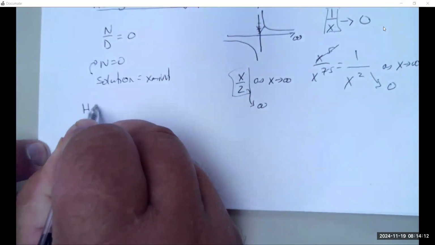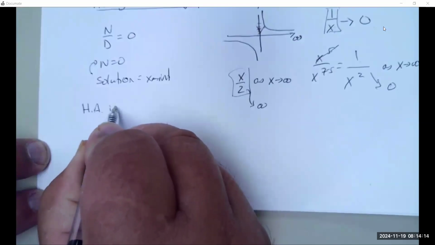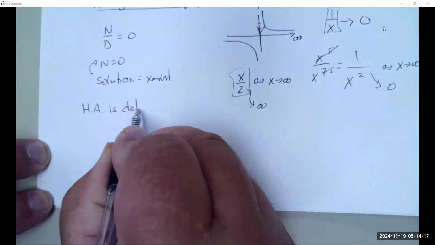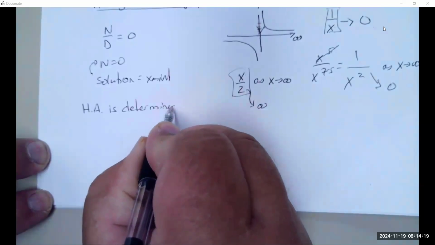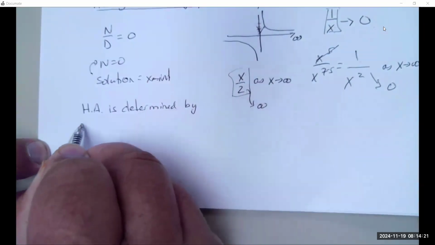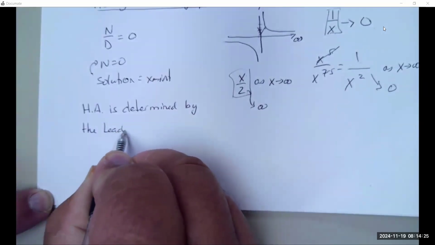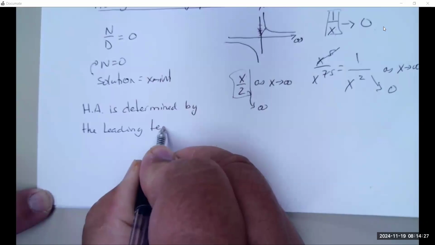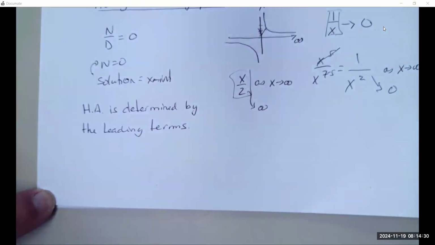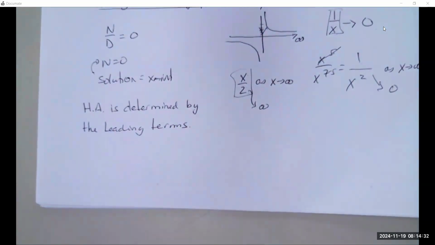The horizontal asymptote is determined by the leading terms of the top and bottom.